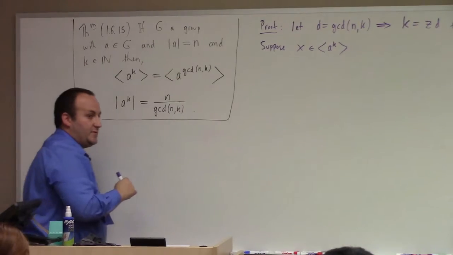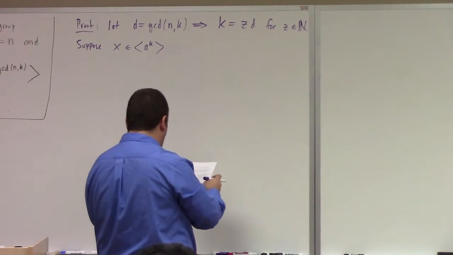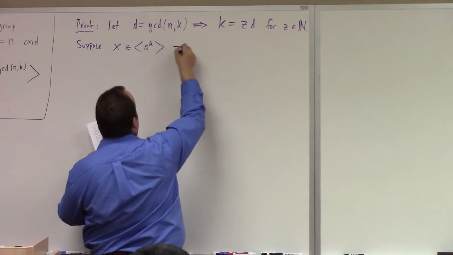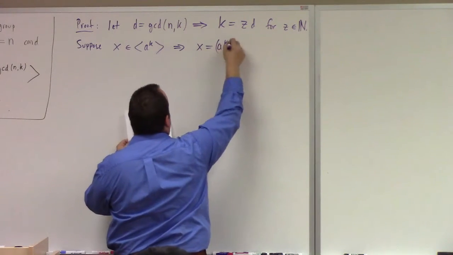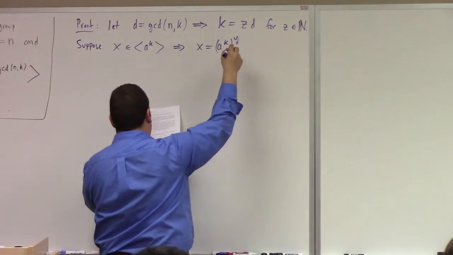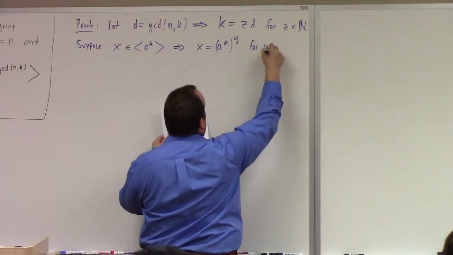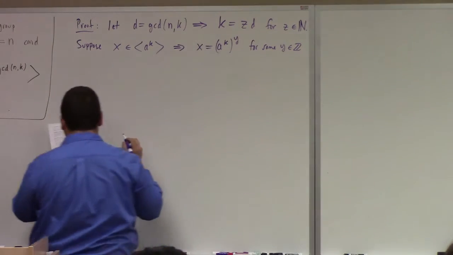Once we have double containment, that will show that the sets are equal. So what does this mean? This means that x is equal to a to the k to the power y for some y in the integers. That's the definition of this.